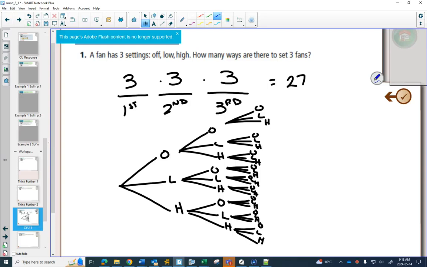Like the topmost branch is all 3 off, right? And then the next one would be the next path, and so on. And you have some funny ones in here. Oh, this one's the funniest, I think. You could list all 27 of them if you wanted to.